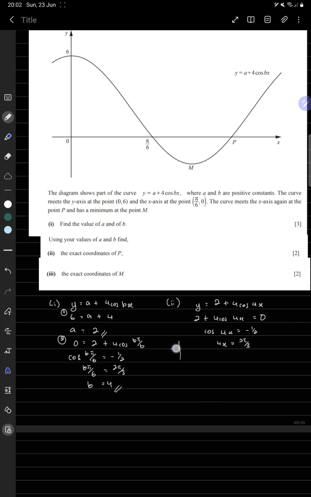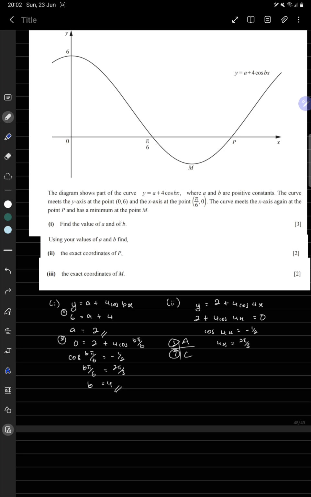If we look back at the quadrant ASTC, since we're dealing with a negative value and it's cos, we'll be taking the S and T quadrants, second and third quadrant. The value of 2 pi over 3 here is currently in the quadrant S, which is already given. So next we want to find T, and in order to find T, we need to find theta.